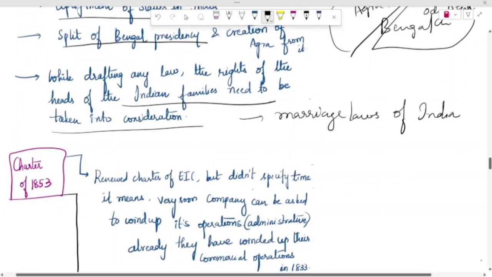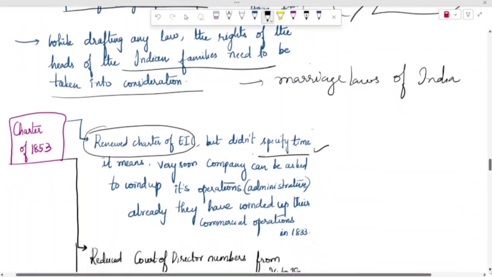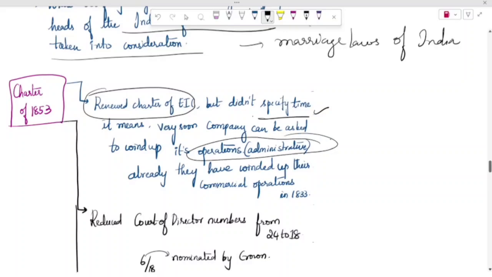The first and the last Act before 1858, when the Crown enters India, is the Charter Act of 1853. It renewed the charter of the EIC so that it could still trade in India, but it didn't specify any time. It means that very soon the company could be asked to leave India or wind up, so its administrative operations could be stopped at any time.